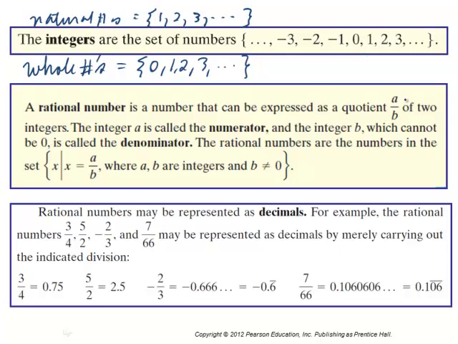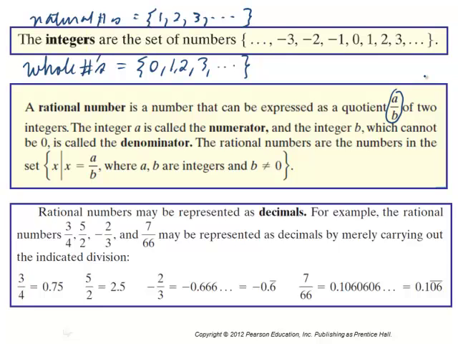The rational numbers are the numbers that could be expressed as the quotient of two integers. Quotient, that means division, right? So if you could write your number in this form, one number over another number as a fraction, then you have a rational number.